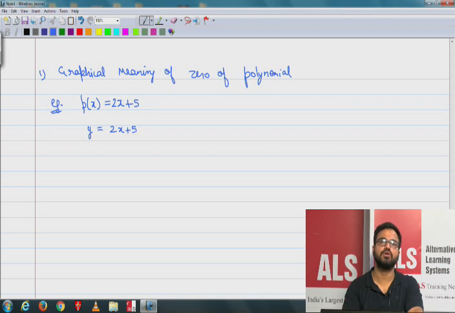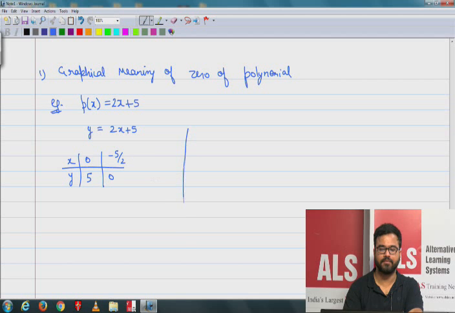We want to draw the graph of this one. Now in the 9th class, you have studied how to draw the graph of a linear equation in two variables. So we require 2 points for this one. Let's say this is x and this is y. When we put x equal to 0, we will get y as 5, and when we put y equal to 0, we will get x as minus 5 by 2.